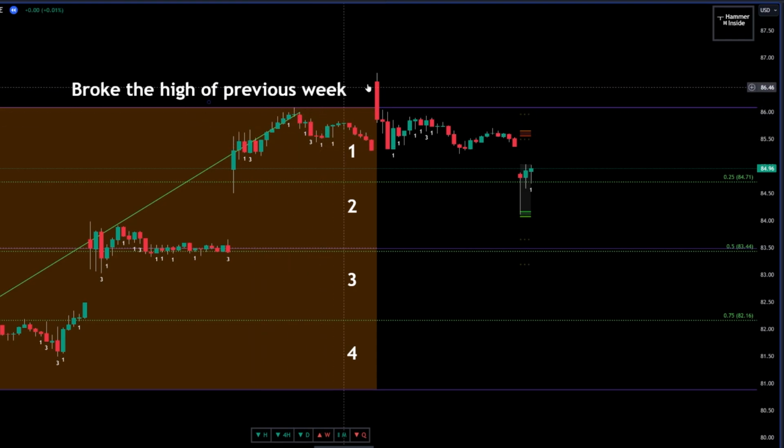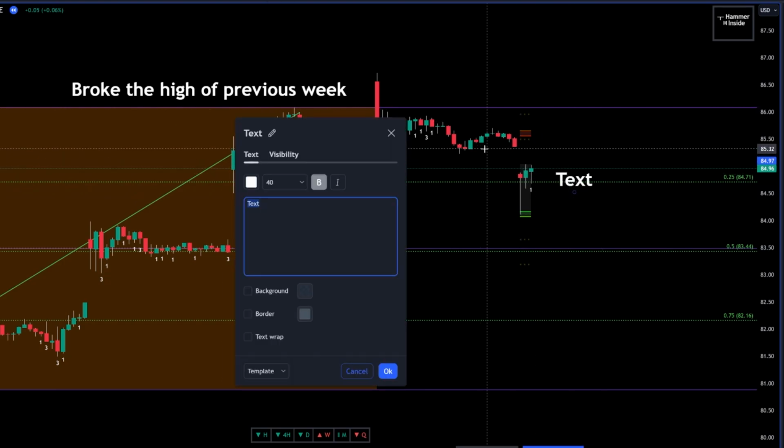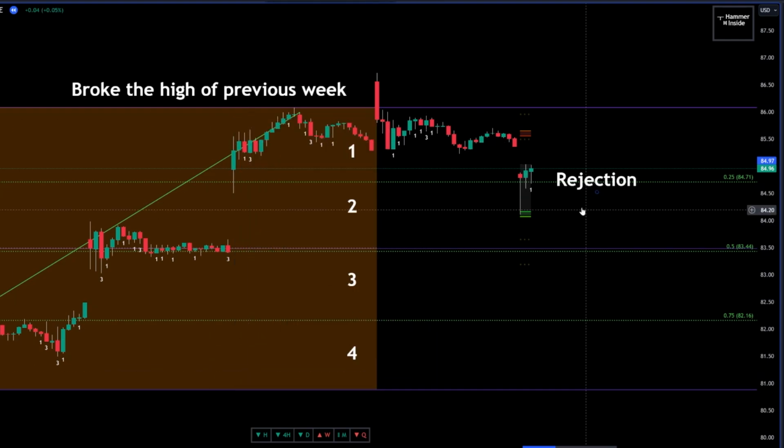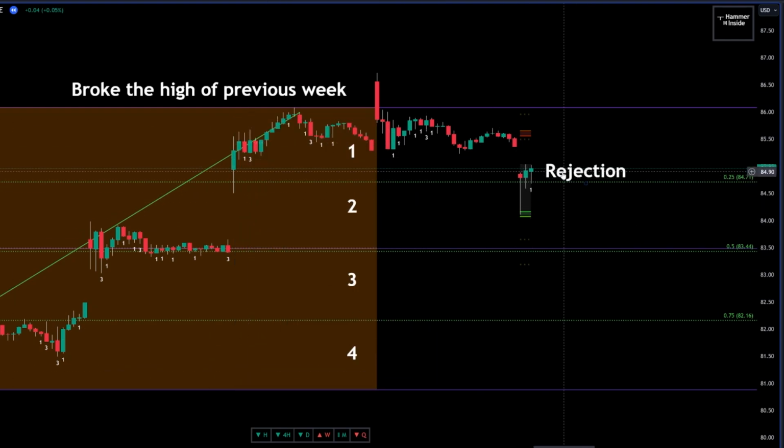Because we broke the high of the previous week, and then we went from the upper range into the lower one. So at this point, we can clarify this and label this a rejection because we rejected the high of the previous week.